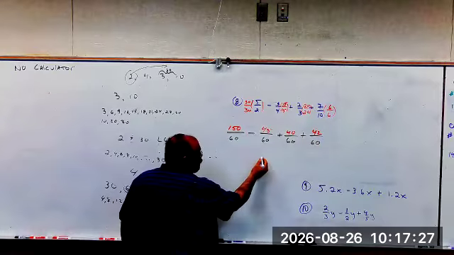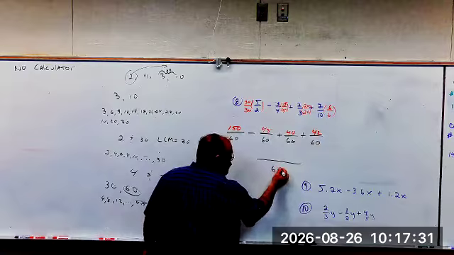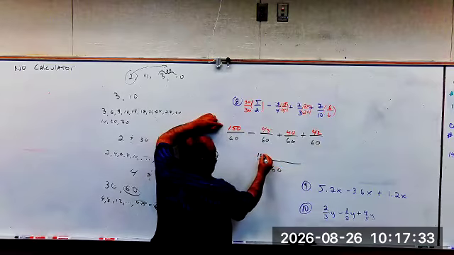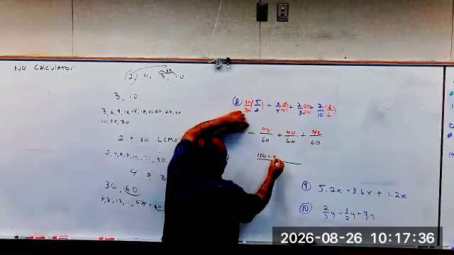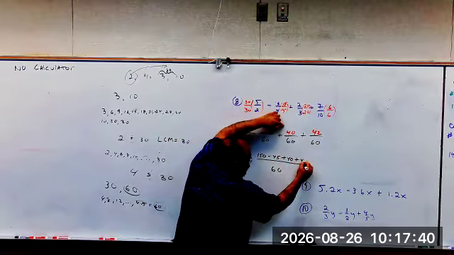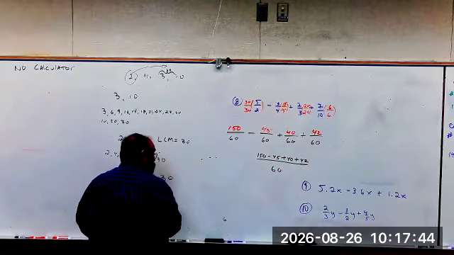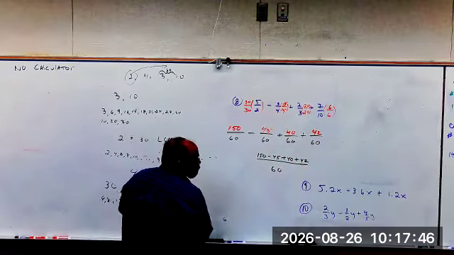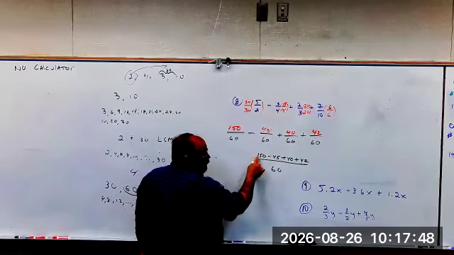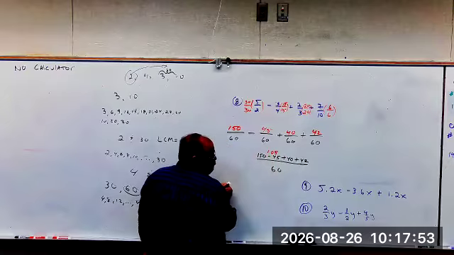So this is one single denominator of 60. The numerator is 150 minus 45 plus 40 plus 42. 150 minus 45 is 105.